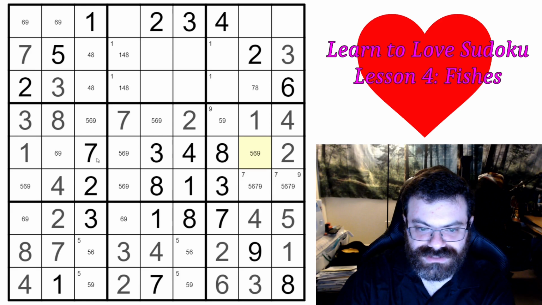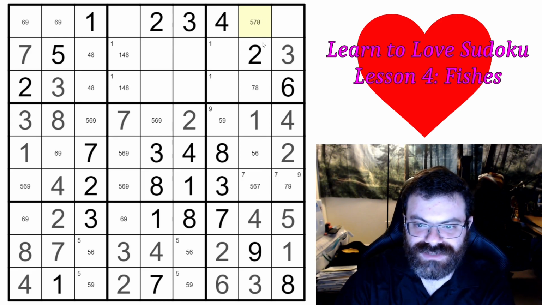This can't be 7. This can't be 9 here. This can't be 5 or 6. Looks like we've got 5, 6, 7, 8 left of this column. This can't be 6.